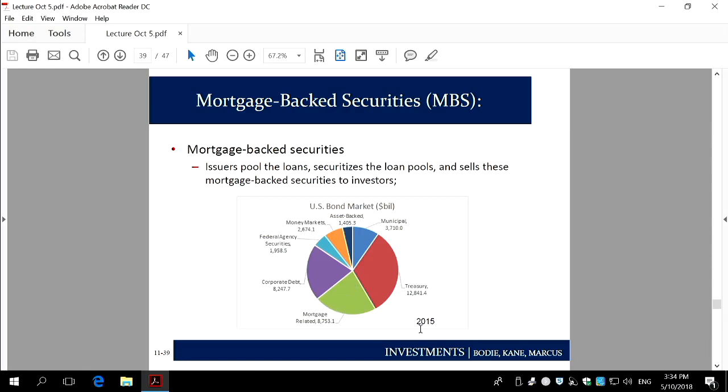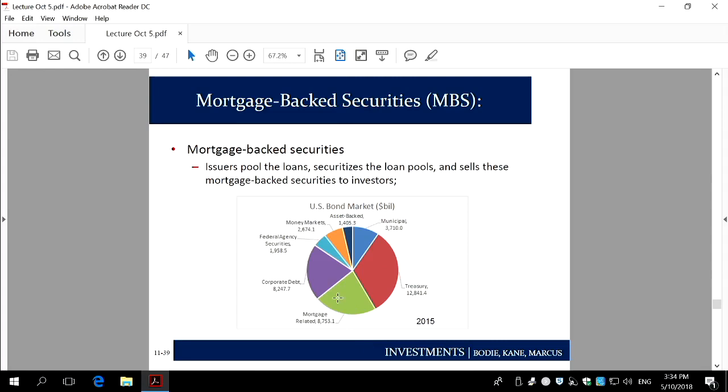Even today, this is 2015, in terms of size, mortgage-related securities are still significant. Remember, this is the total fixed income market, right? The largest part is the U.S. Treasury bonds and Treasury notes, something like that, government bonds. And the second largest is still mortgage-related, mortgage-backed securities.